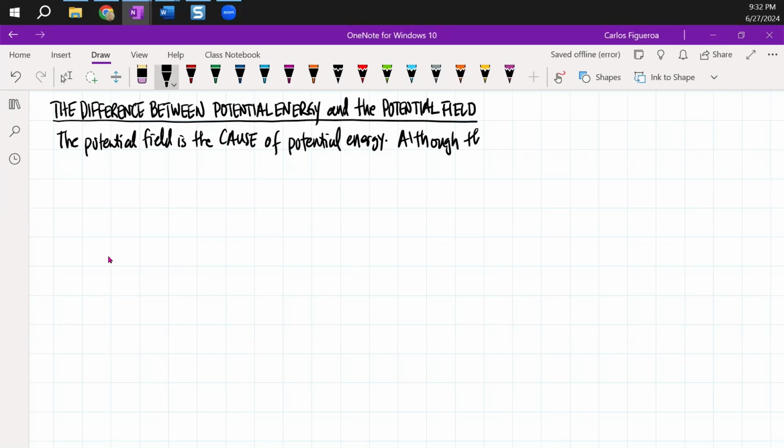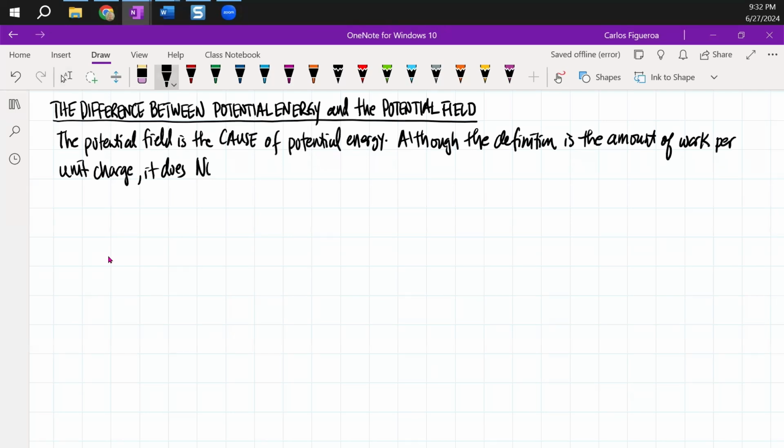Although the definition is the amount of work per unit charge, it does not give it justice with that definition.